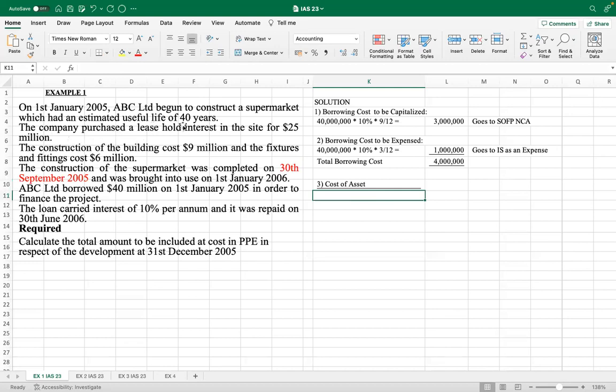The company purchased a leasehold interest in the site for 25 million. So purchase of leasehold interest was 25 million.